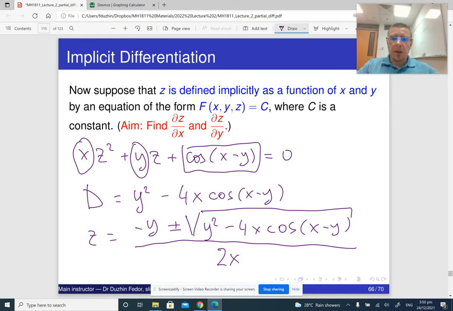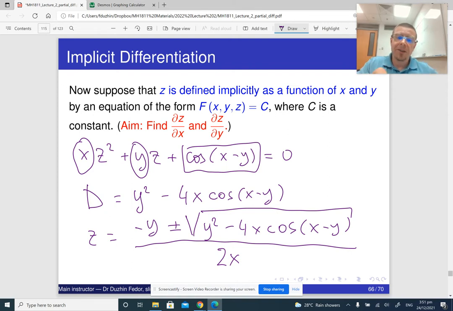So this equation actually defines two different functions for z, as functions of y and x. One is with plus, the other with minus, right? But the point is that sometimes we can't solve it.